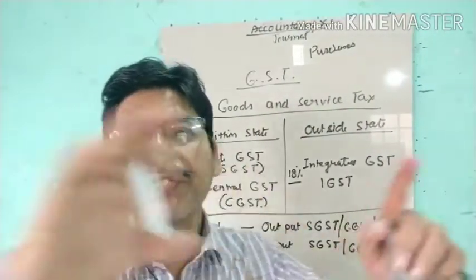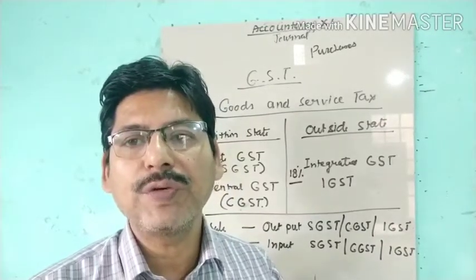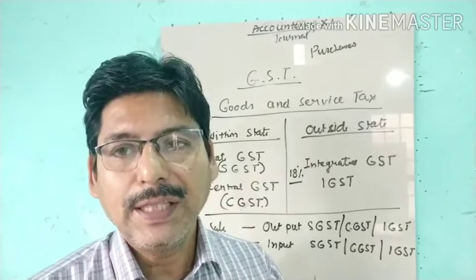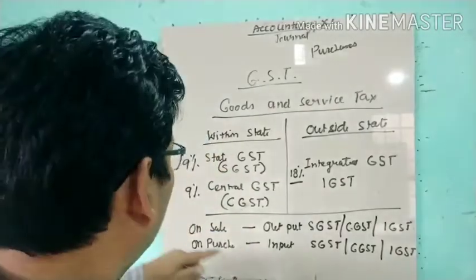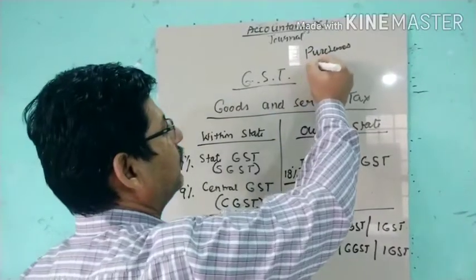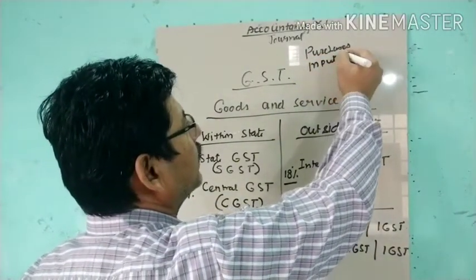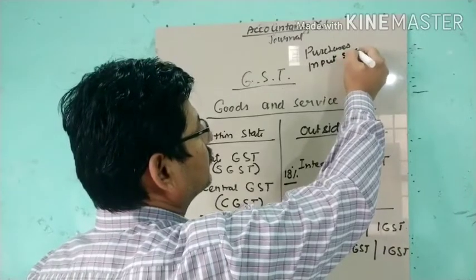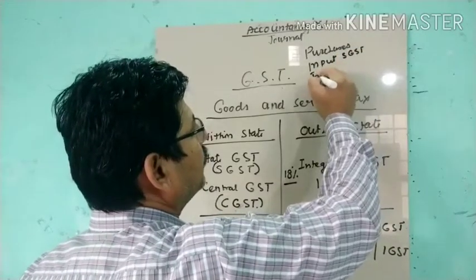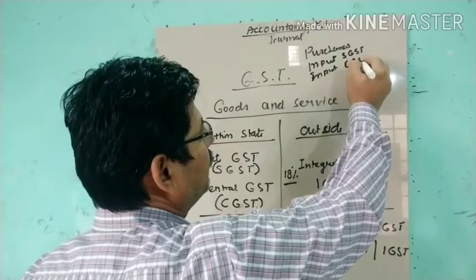If we are buying the goods within the state, then on purchase we will show input GST, input SGST and input CGST will be paid.